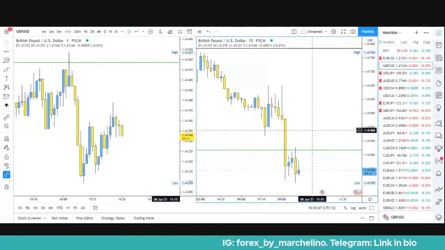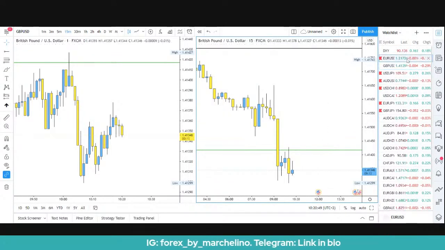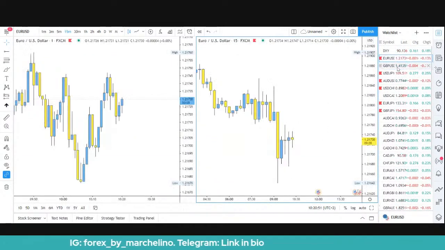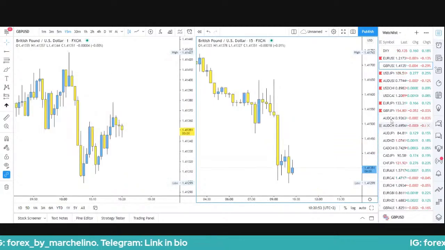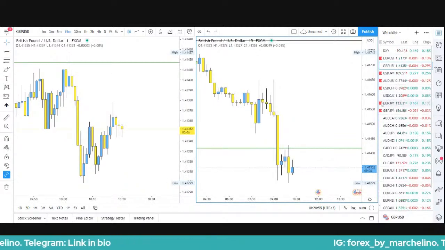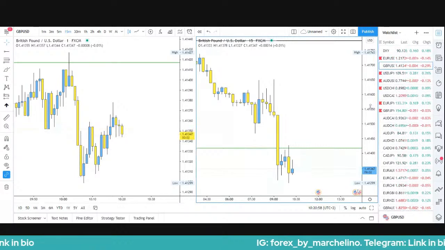Pound USD looking like it's about to tumble too. Pound USD definitely looks like it's about to tumble.